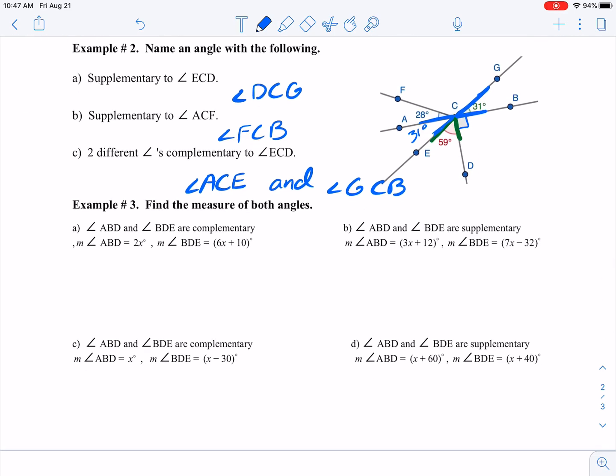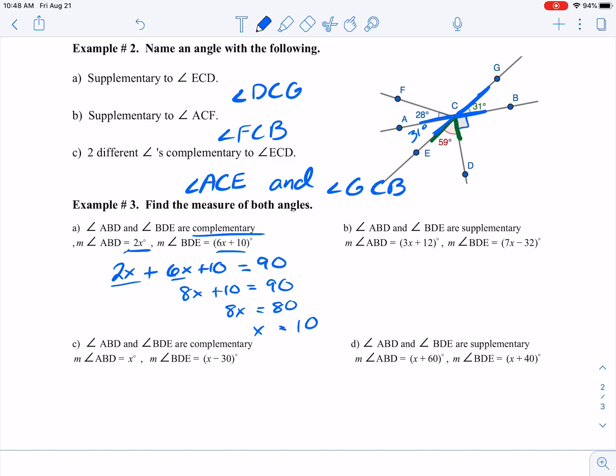Great, and then we're going to finish with some algebra where we know angles are either complementary or supplementary, and solving for a missing piece and plugging it back in to find their measures. So if we know these two angles are complementary, we know that the angle measures sum to 90, so we would say 2x plus 6x plus 10 equals 90, and then we'll just solve algebraically. 8x plus 10 equals 90, 8x equals 80, so we get x equals 10.